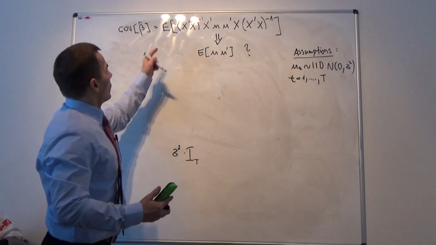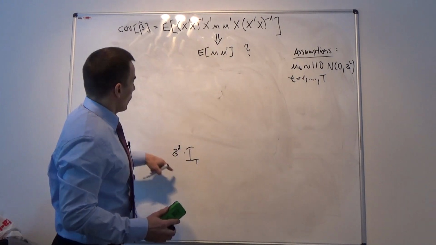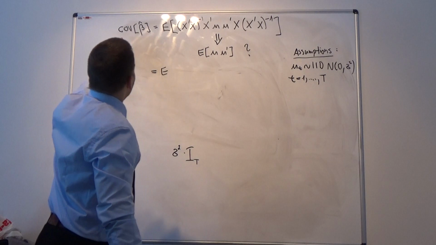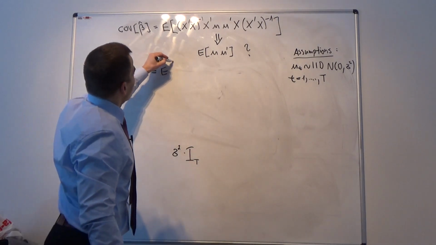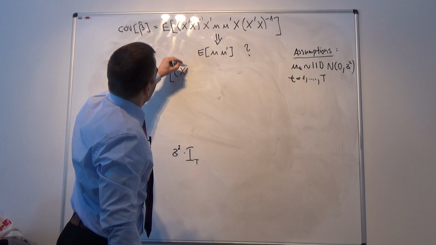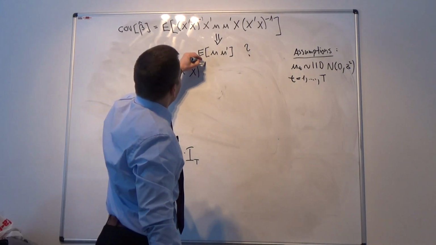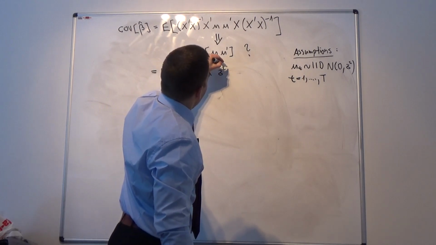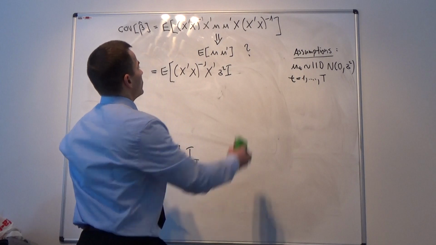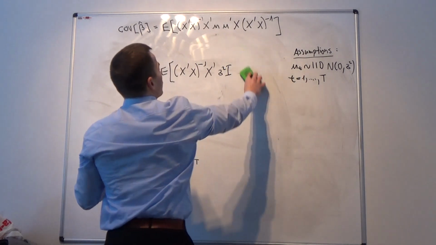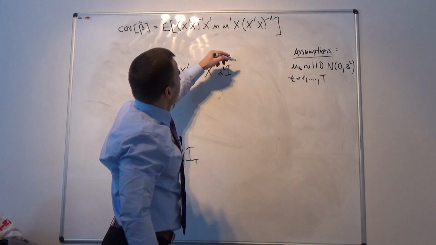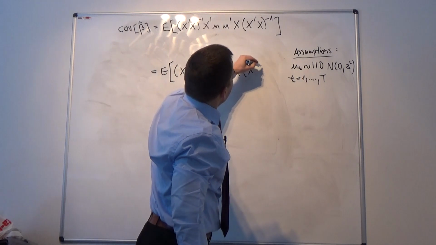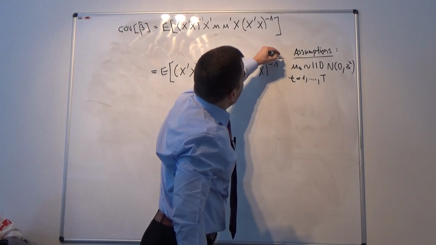So what happens now? Let's plug in our result in this equation. The covariance of beta hat is then the expectation of x transposed x inverted times x transposed times sigma square, the identity matrix, times x times x transposed x inverted.